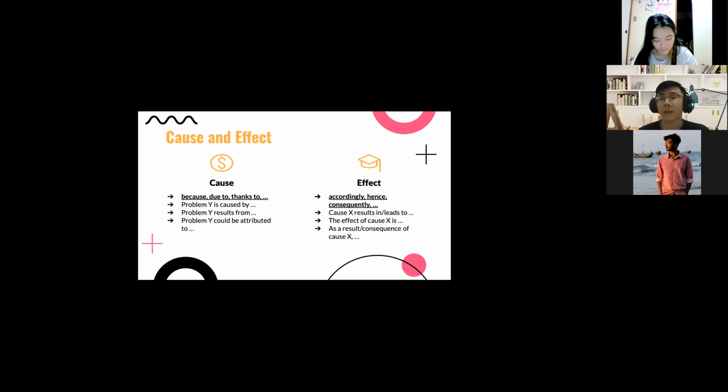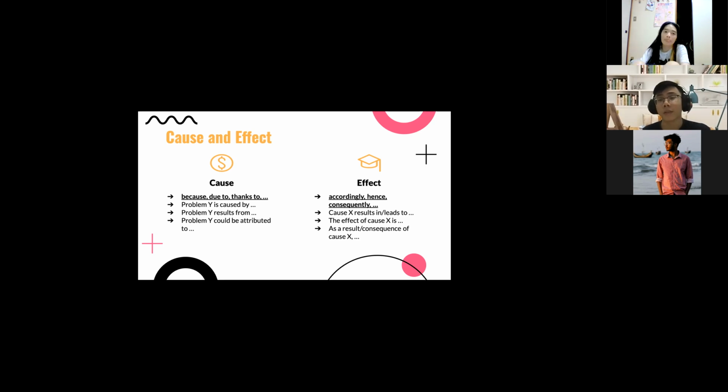On the other hand, on the effect side, words like "accordingly," "hence," "consequently" show that there's an effect coming. You put them at the beginning of the sentence to say that something happened because of something.